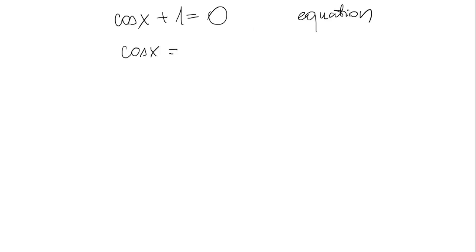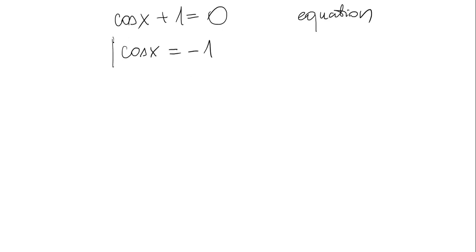Okay, so let's go and see another one. So let's say that we have cosine x. Let's use cosine. Cosine x plus 1 is 0. Very simple equation, right? There you go, we have an equation. And what can we do here? So, of course, I will take the 1 to the right side, so it's negative 1.